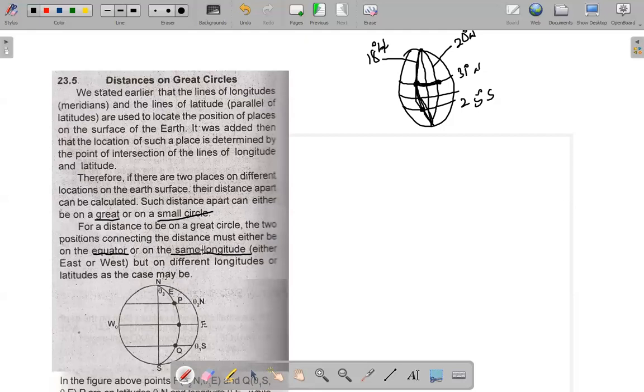So if they are on the same longitude, it's a distance on the great circle. If they are on a latitude apart from the equator, their distance is on a small circle.